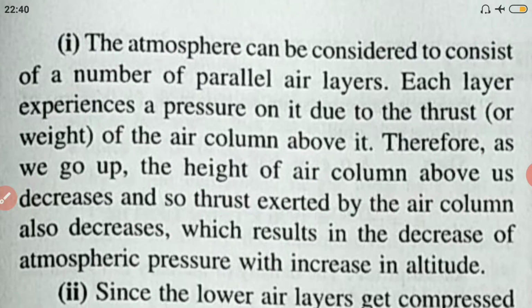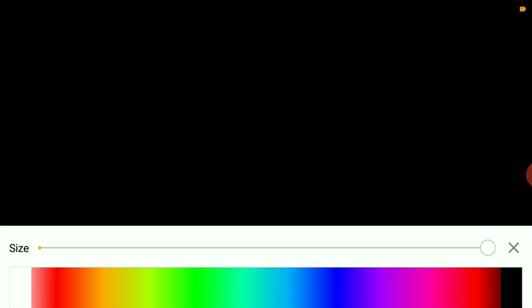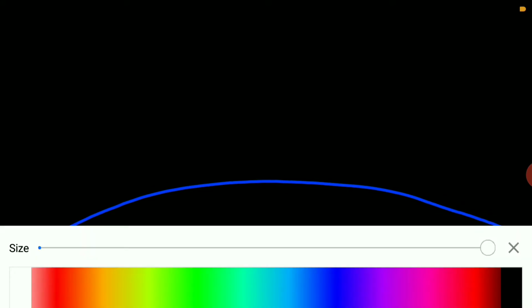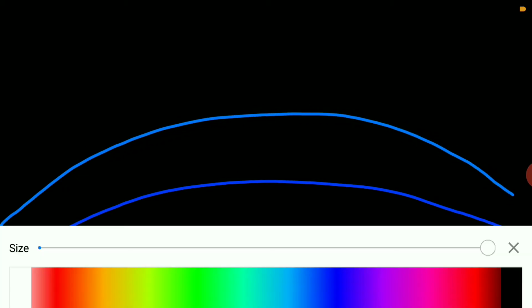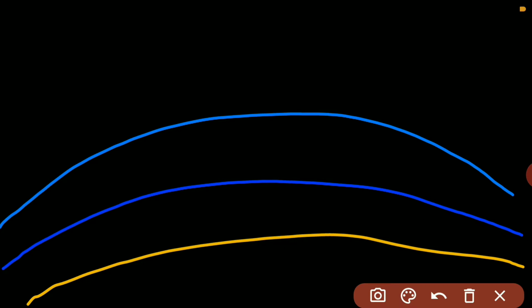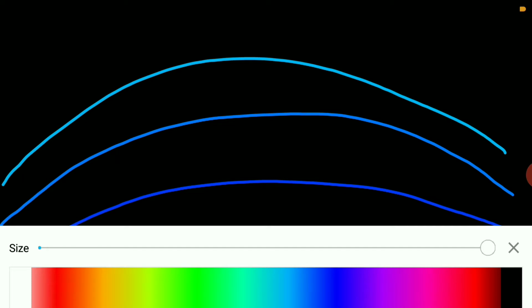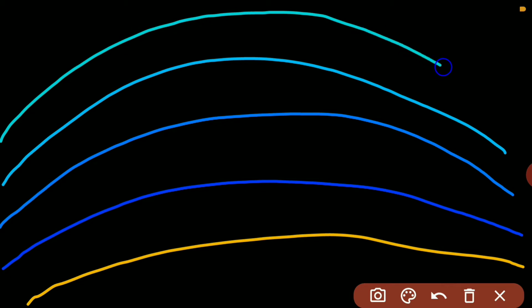Let us try to understand this. Let us consider a surface of the earth, and on top of it there should be atmosphere. First layer, second layer, third layer, and the fourth layer.